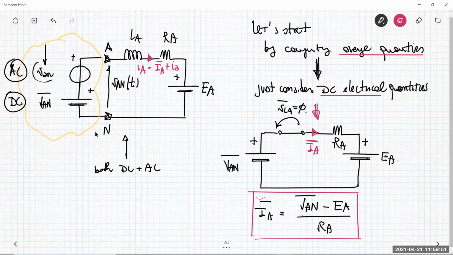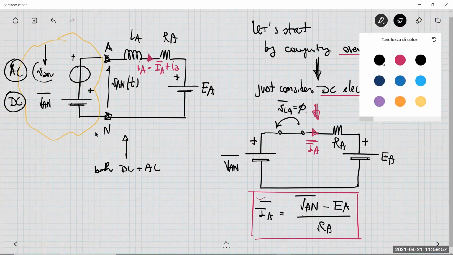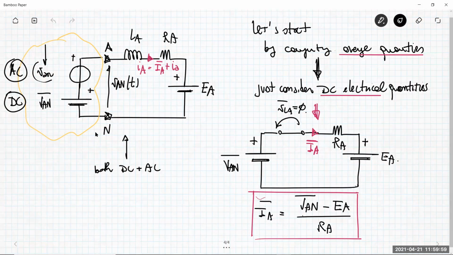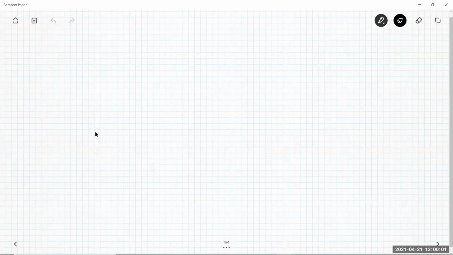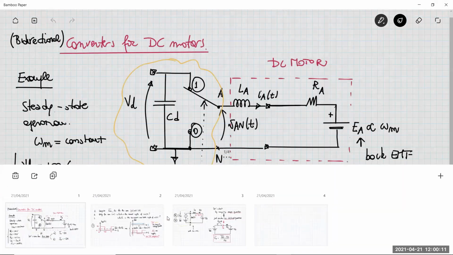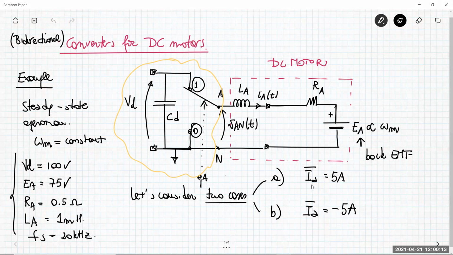This is the quantity that we have as an average current flowing in these circuits. Let me just stress a little bit the consideration that was made at the beginning of the discussion, that leads to these different cases.